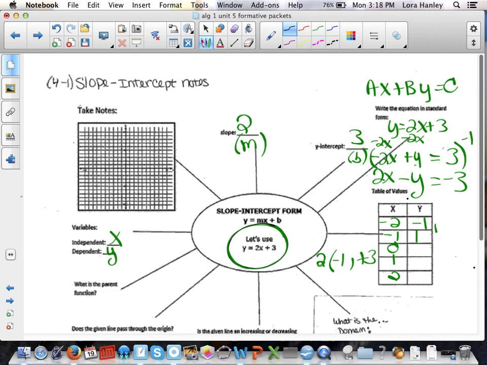And I notice a +2 increase in my y values. Let's see if that pattern continues. Next, we want to substitute in 0. Well, 2 times 0 is 0, plus 3 is 3. Again, +2 increase.